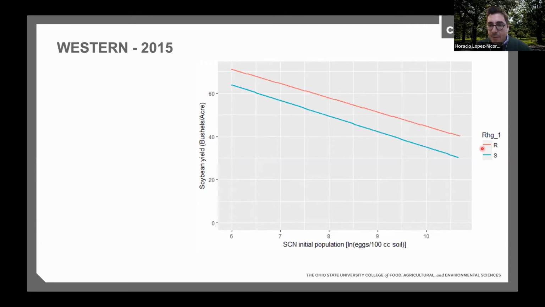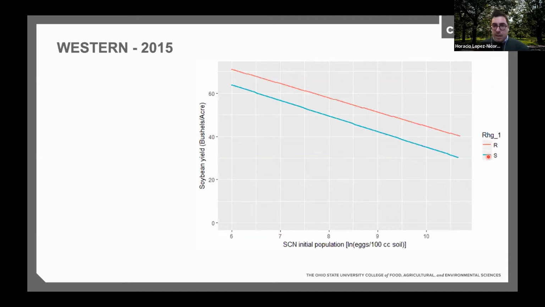We have resistant soybean lines and susceptible soybean lines. These are BC4, almost near isogenic lines, a very homogeneous genetic background, only the resistant ones had the source of resistance for soybean cyst nematode, the PI 88788 source of resistance, and the susceptible lines did not.